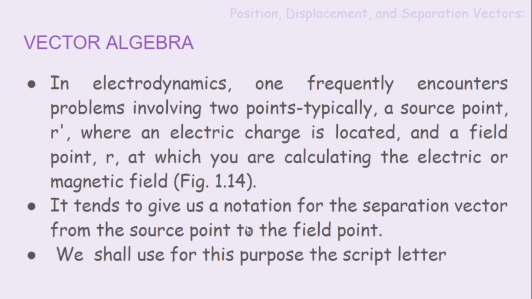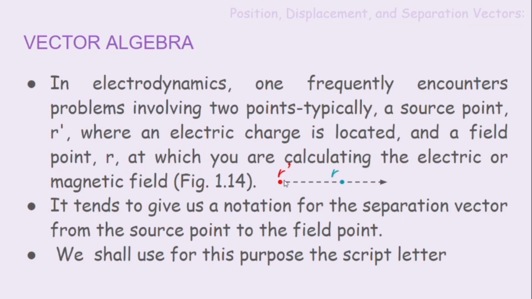Now we will see that in electrodynamics we typically have 2 points. One is the source point, represented by r prime, and one is the point r where we want to calculate the electric field or magnetic field. As we can see here, this is the r prime point and this is r.